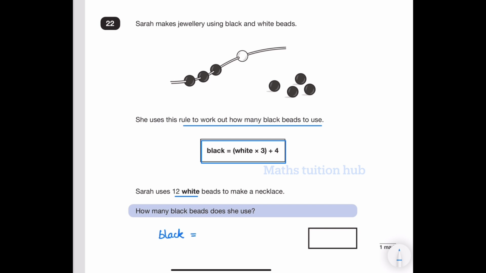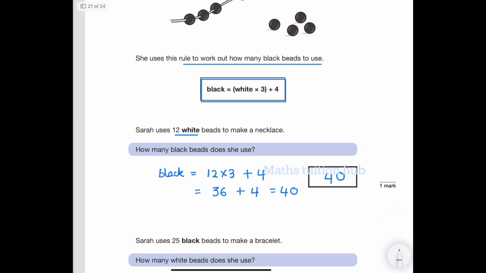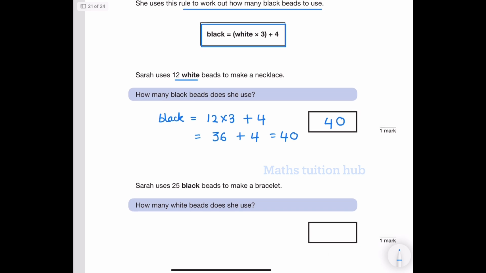So 12 white beads times 3 and add 4. So 12 times 3 is 36, add 4, that's 40. So 40 black beads are needed to make the necklace if she has 12 white beads.